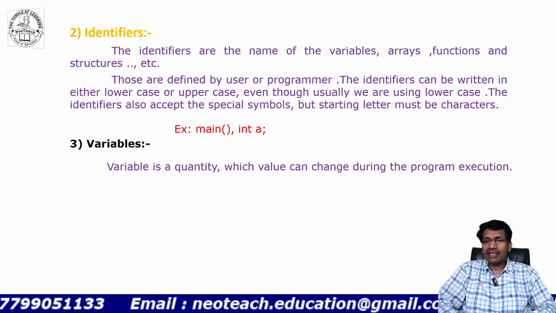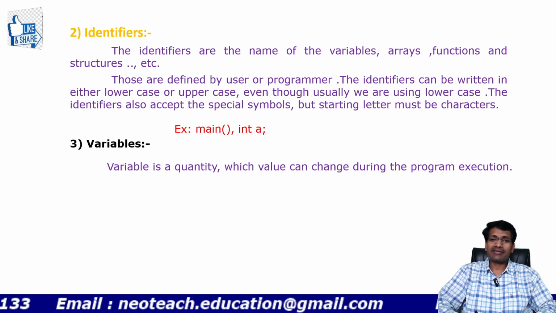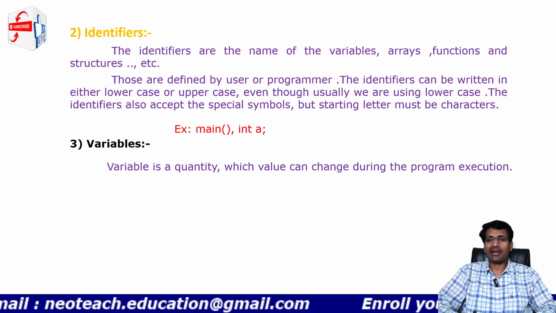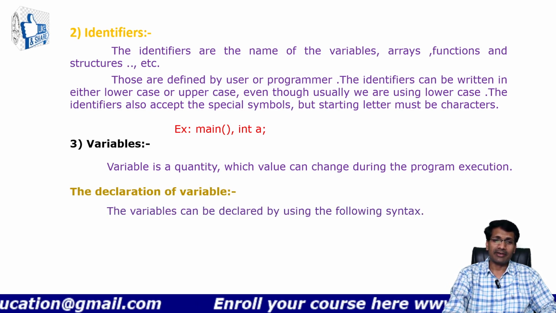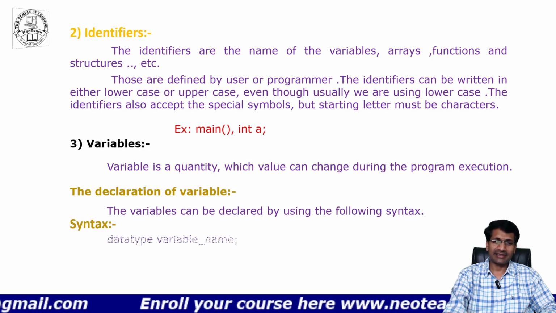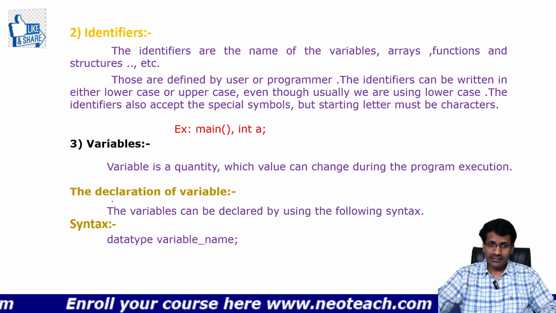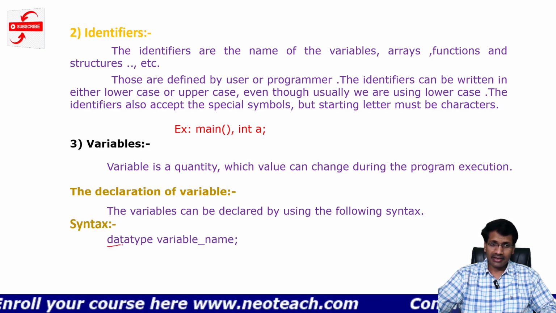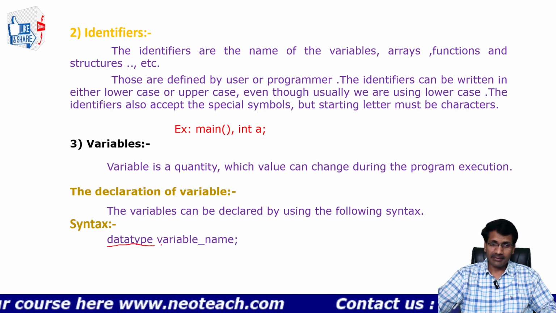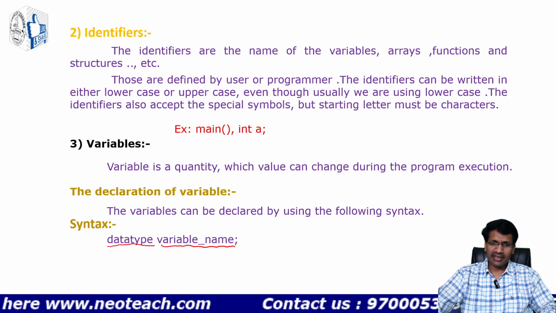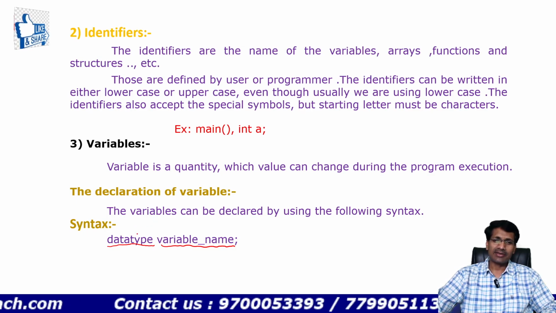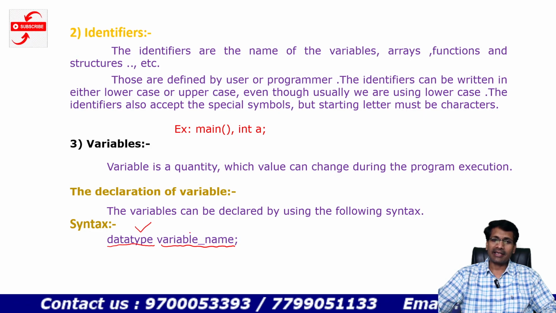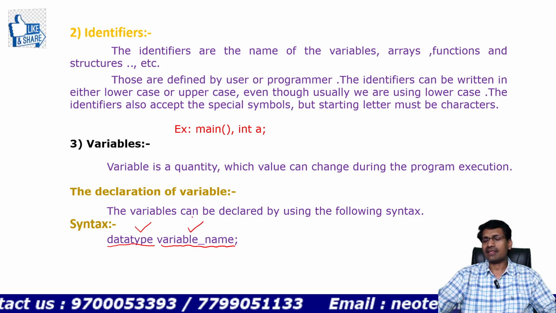A variable is nothing but a quantity whose value can change during program execution. We can declare a variable using the following syntax: data type followed by variable name. The data type is any data type like integer, character, float, double, etc. Here we write the data type, and here we write the identifier, meaning the name of the variable.